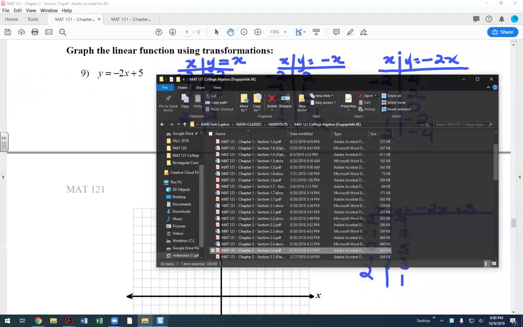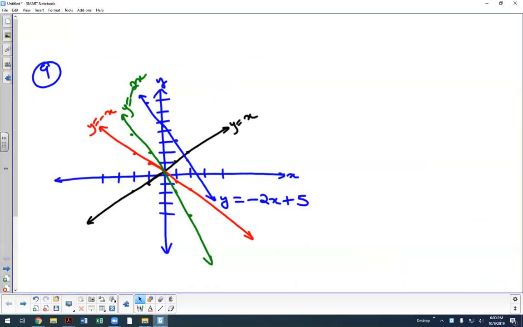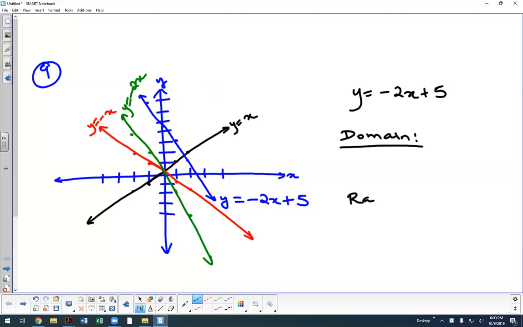What do you think will be the domain and range for our final function? Would it be -infinity to +infinity for both of them? For both of them, yeah, because obviously this is a straight line. It is still going to go in both directions.